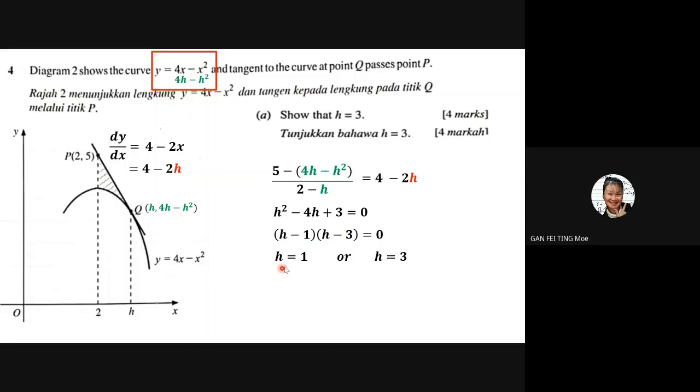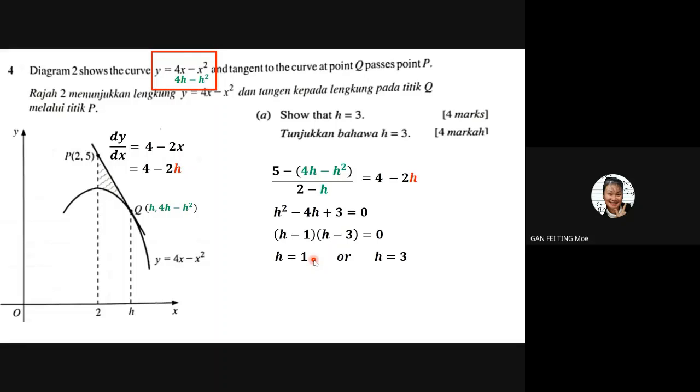Okay, why? Can I have someone to answer this question? Who can answer this question? Now I'm forming a tricky question. Why is H equal to 1? What can you tell me? Why can H be equal to 1? Who can answer this question?